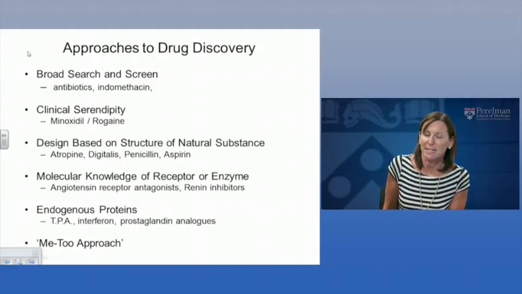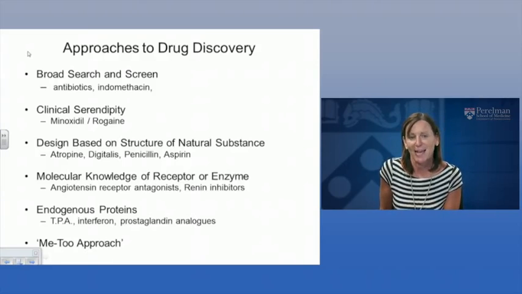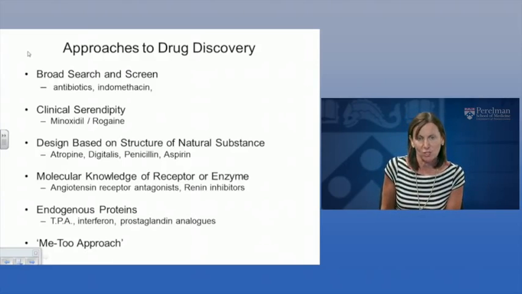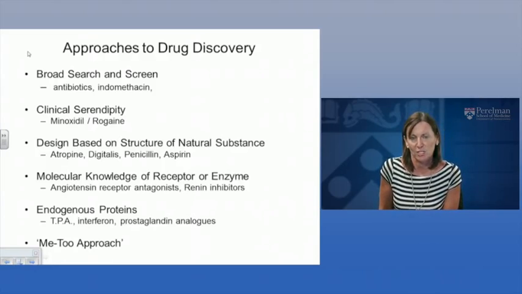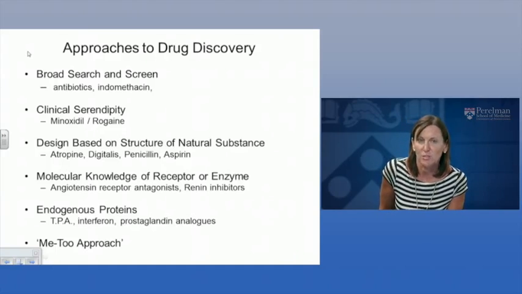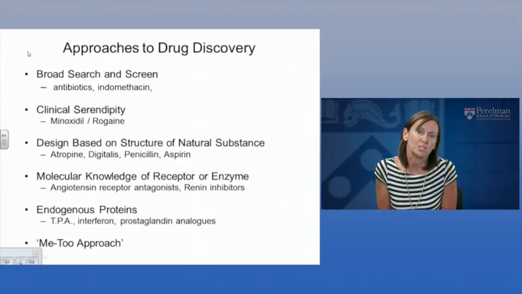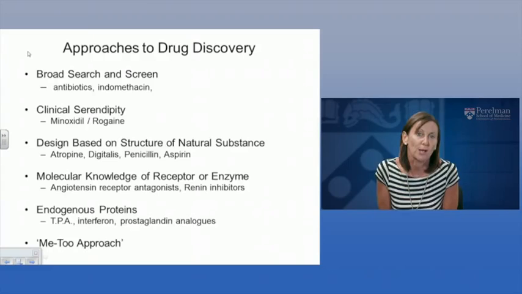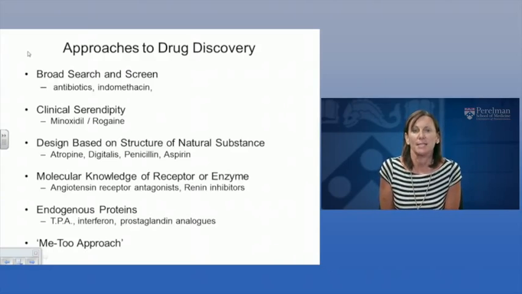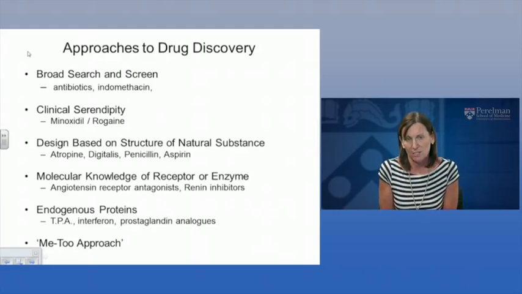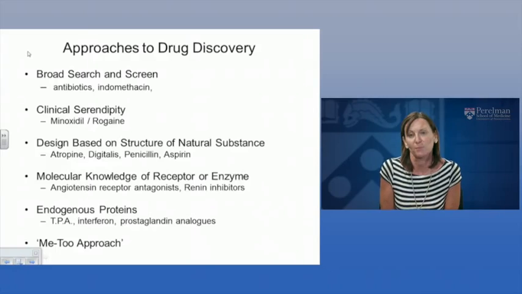An example that I talked about in our last class was the naturally occurring hormone angiotensin II, which can cause an increase in blood pressure. And we use angiotensin receptor antagonists because we knew what the receptor for angiotensin II was. So by appreciating the structure of that receptor, we were able to synthesize molecules that would antagonize the receptor.